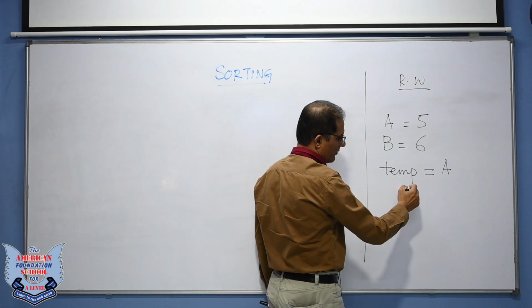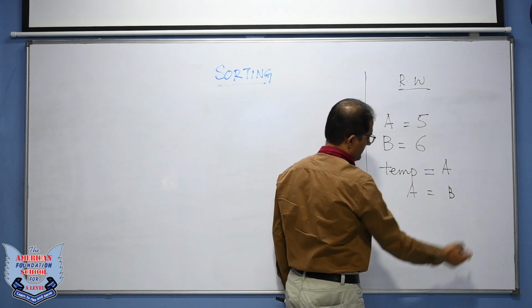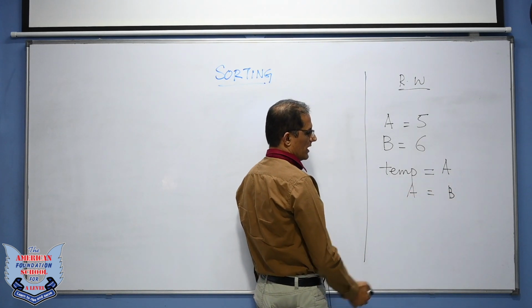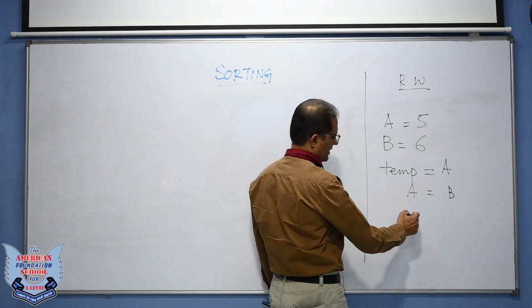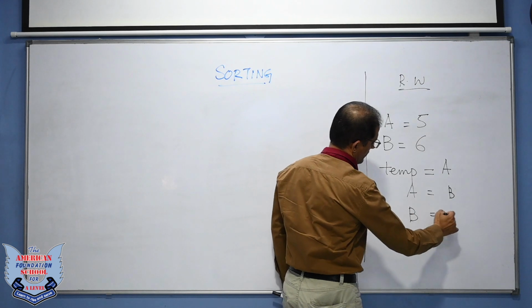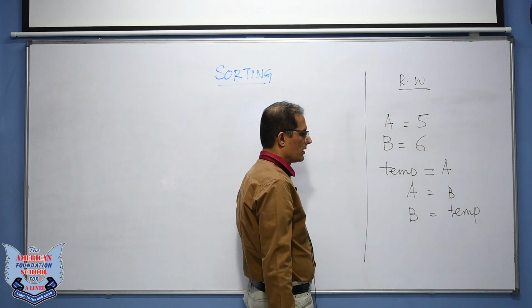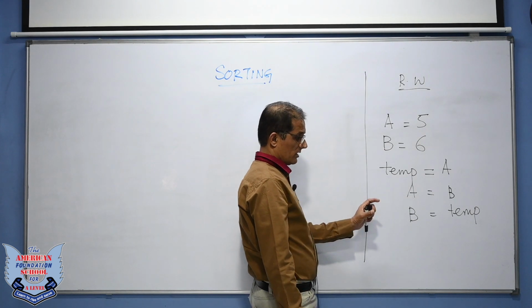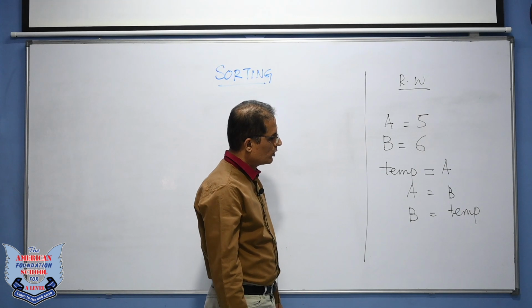And then now you can play with the value of A and you can write A is equals to B. That means the contents of B have been copied to the variable A. And then you can say B is equals to temp. So this process of swapping has completed.